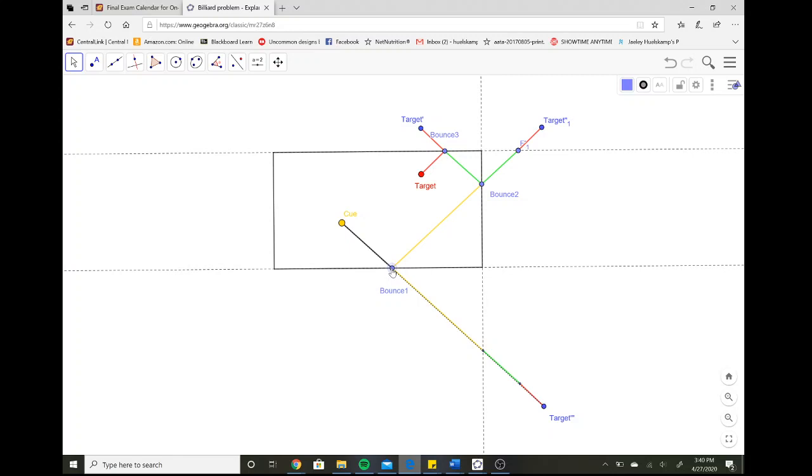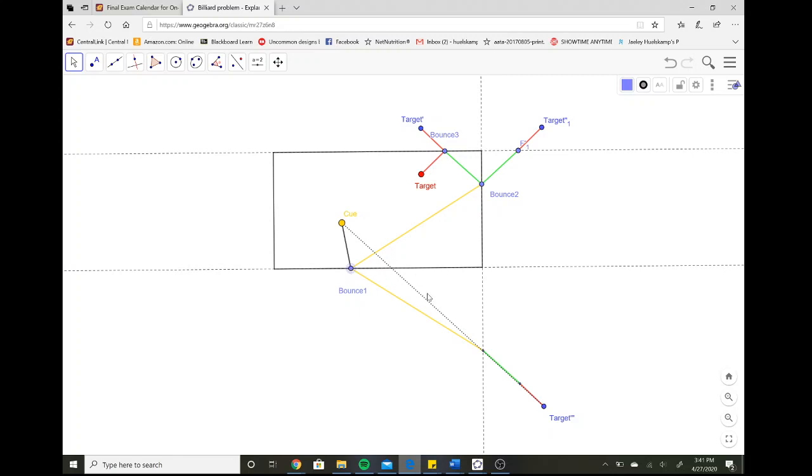This is just the path of the ball. So say instead of bouncing there, where that point we get from reflecting, we move the point over there. So the path instead goes here and then would follow the yellow, green, red. So this shape is the path of our ball. Instead of this dotted line, it becomes this path, the yellow, green, red. If you look, we created an obtuse triangle here. So we know that this new path is going to be longer than our original dotted path because of the triangle inequality theorem.